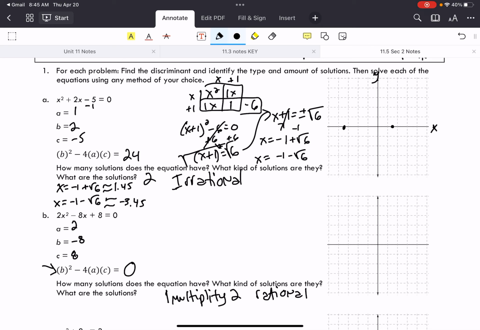Okay? So now to find them, I'm going to do what Vess said first, which is to take out my GCF. What is my GCF on this one? Good. So I start by getting rid of the 2. Okay, I've got x squared minus 4x plus 4.